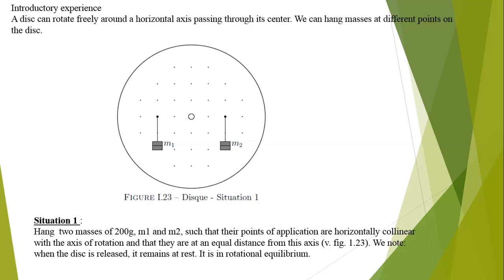In this case, the disk undergoes the action of two forces, W1, the weight relative to M1, and W2, the weight relative to M2. But the two forces are equal, and in this case the disk does not rotate, so it is in rotational equilibrium.